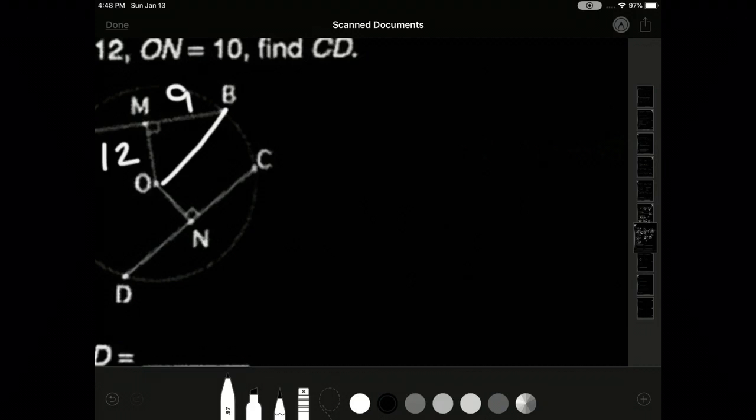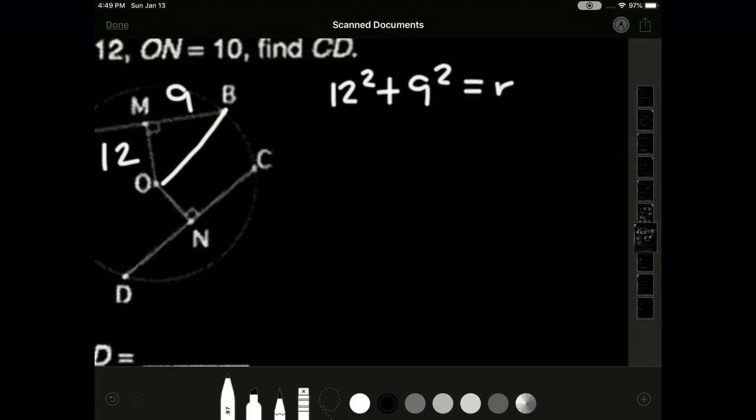So if we take a look at that, we can do 12 squared plus 9 squared equals, let's say, r squared, since we're talking about the radius.